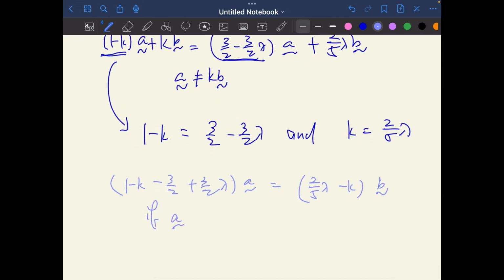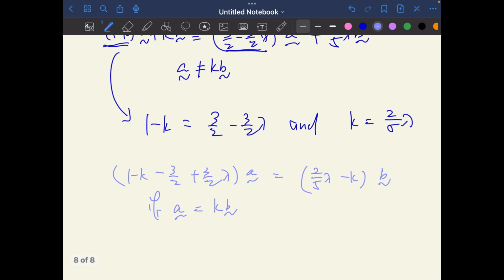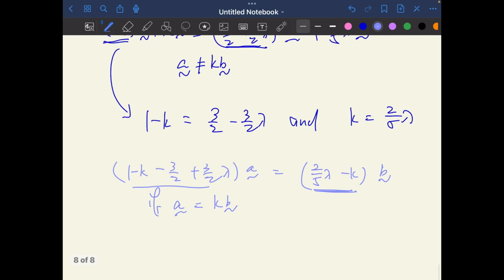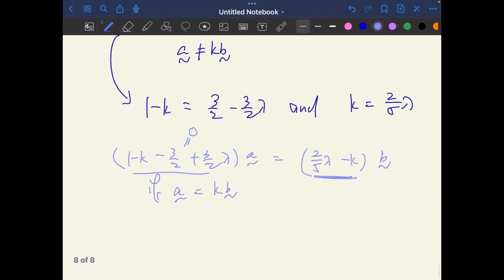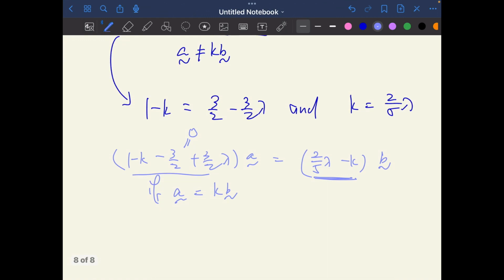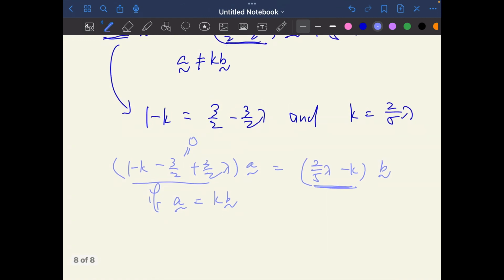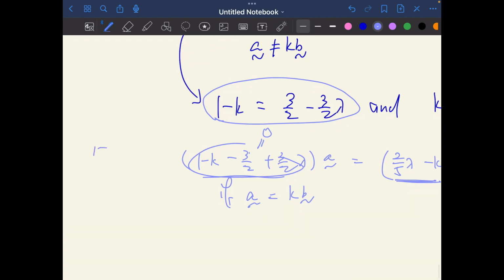If a and b are parallel, then I can say a equals kb. And then this would be like a constant, and you cannot say that this equals 0. Because for this to be true, I need this to be 0. So 1 minus k minus 3/2 plus 3/2 lambda equals 0.